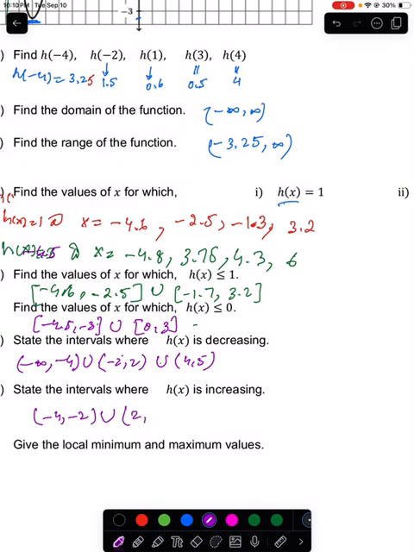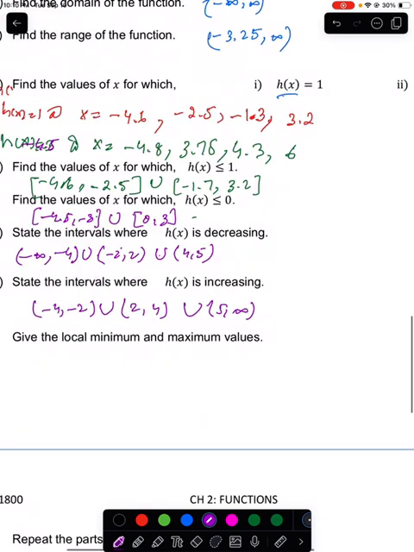Give the local minimum and maximum values. So there are more than one local min values and more than one local max values. We say local min is equal to, the first local min is occurring at -4.